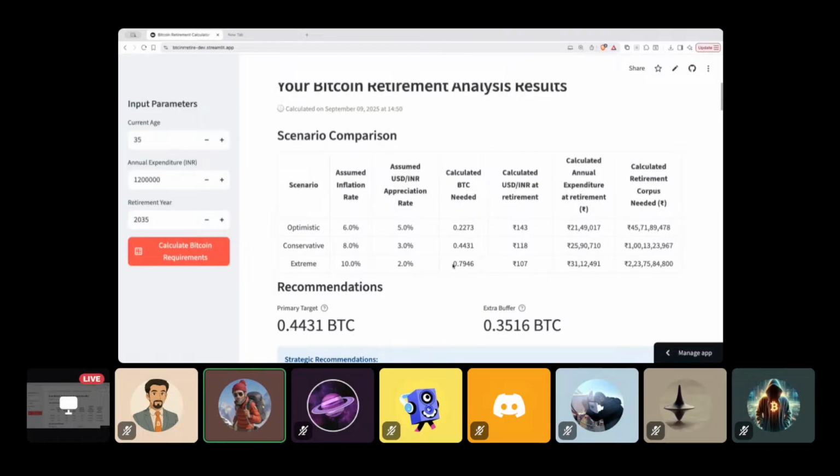That will be the extreme case, and you will probably require close to 0.8 BTC in this scenario. So you can choose based on your outlook, whether you are pessimistic, optimistic, or conservative. You can choose any of these and fix a target for yourself, and start accumulating these BTCs.